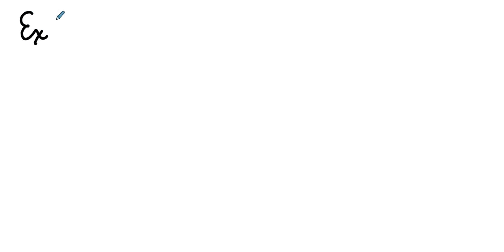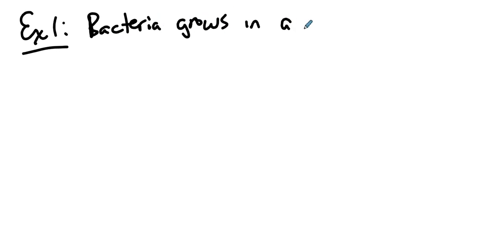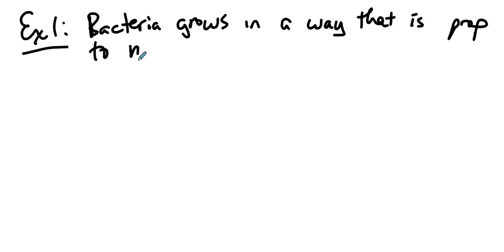So let's pretend there are bacteria, and bacteria are growing in a way that is proportional to the number present. This is a dead giveaway that we're dealing with exponential change.